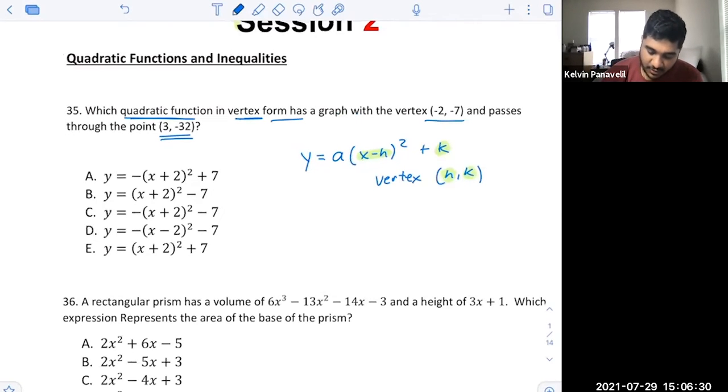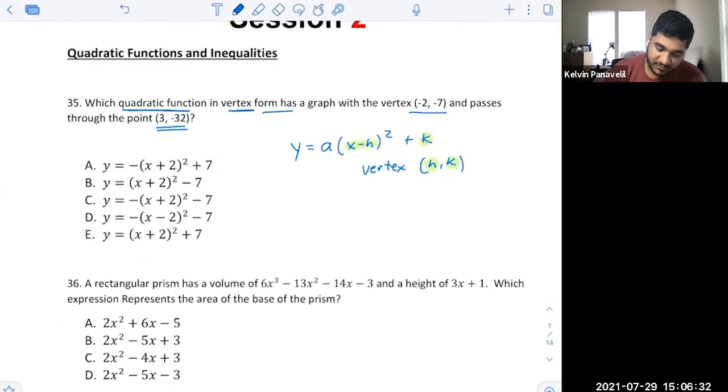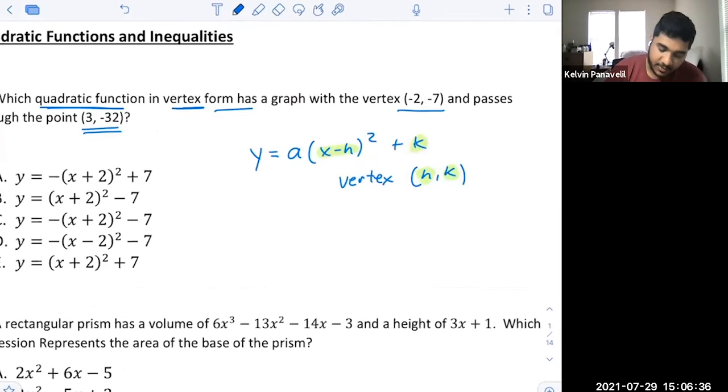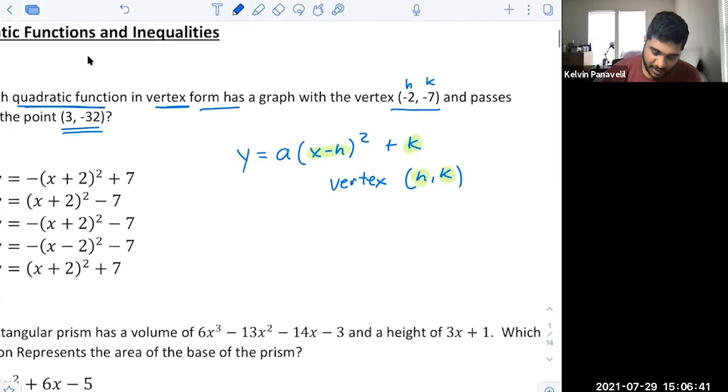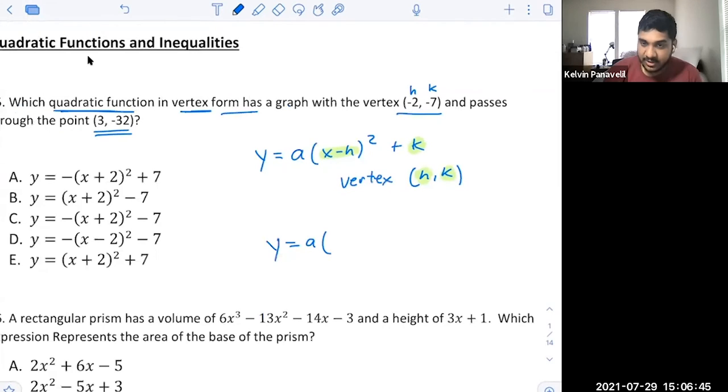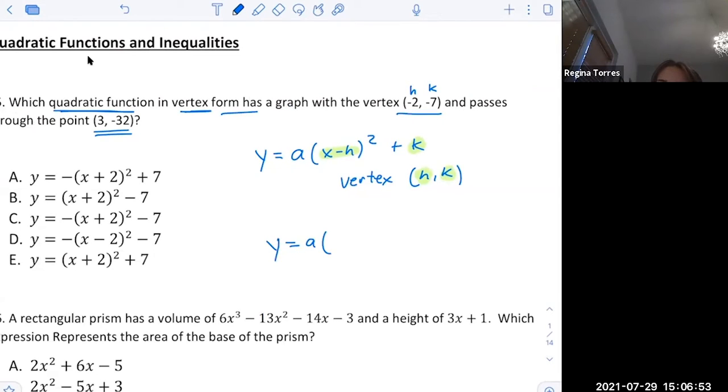So first thing, they give us the vertex, which we call h comma k. So Regina, if we're going to plug that into this formula, y equals a times, is it going to be x plus 2 or x minus 2? Would it be +2?